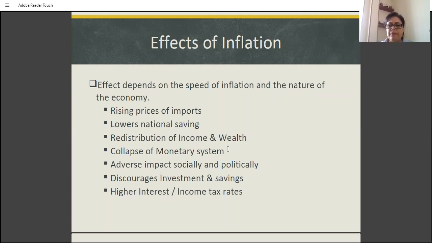Well, then the inflation may impact the community socially and politically as a whole. That discourages investment and saving, because no one thinks about investment in such an unstable situation, and the purchasing power of money declines from hour to hour.